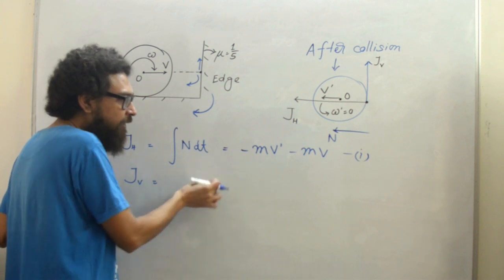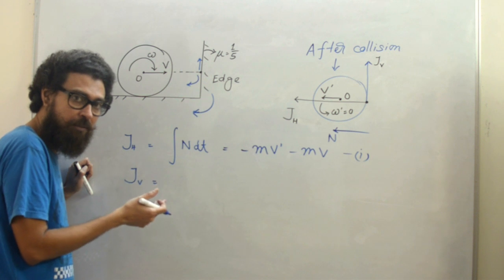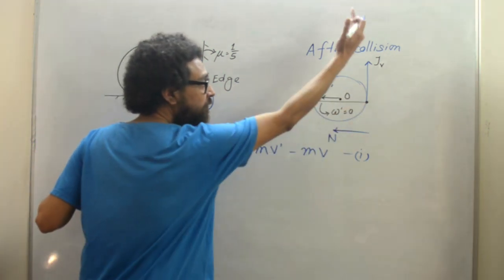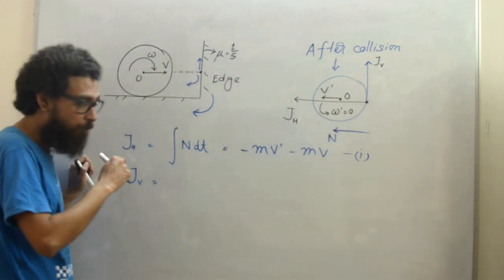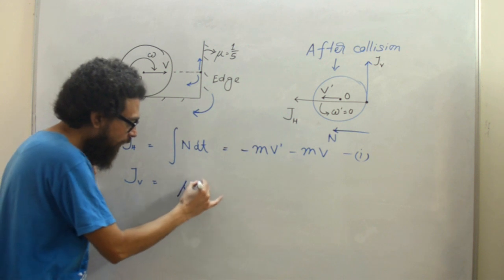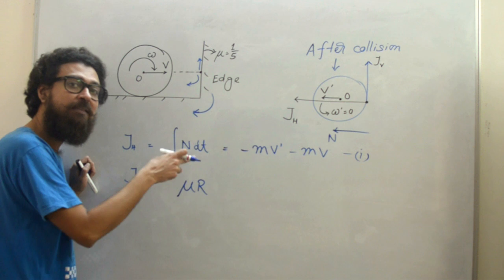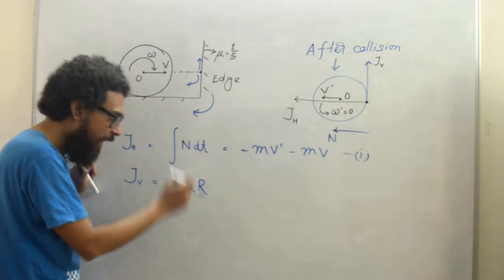Now mu N dt, this is linear impulse, right? So what is rotational? What do we know? Radius and friction are perpendicular to each other. So R cross mu. This R is coming because this is rotational, this is angular. I'm again telling you, this was linear, this is angular.